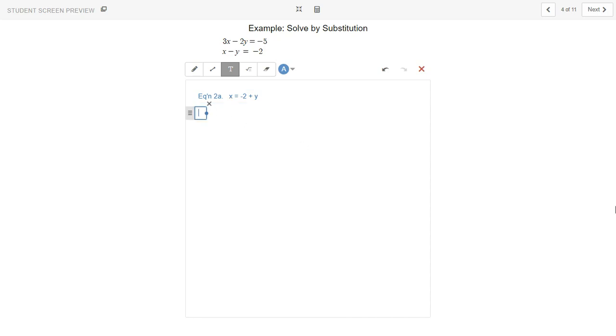Now, we're going to substitute equation 2a into equation 1. So equation 1, 3 times x, and we know that x is negative 2 plus y, minus 2y is equal to negative 5. So we got this bracket section from here.